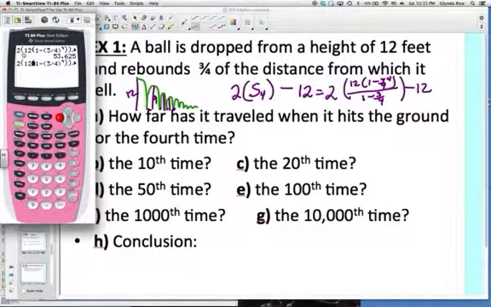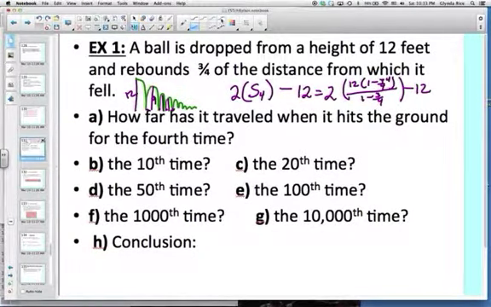Yeah, there it is up there. That was my whole numerator. Okay, we're good to go. So I got, for the fourth time, 53.625.